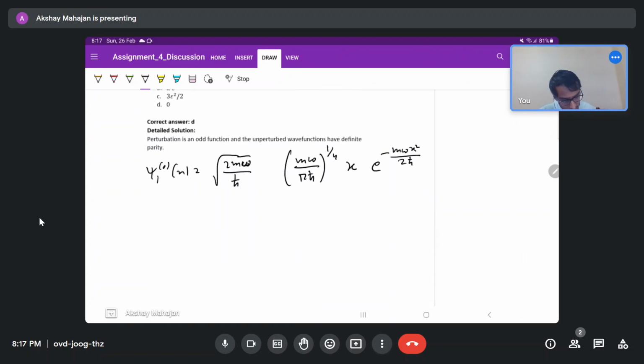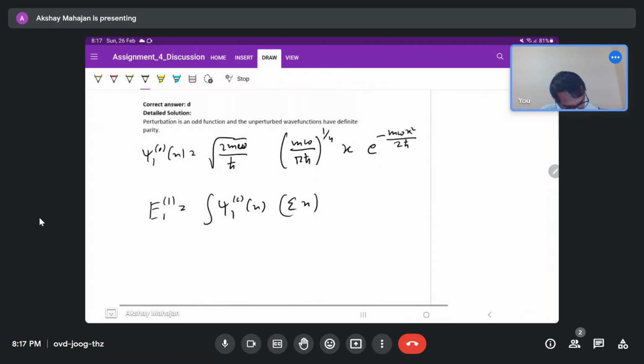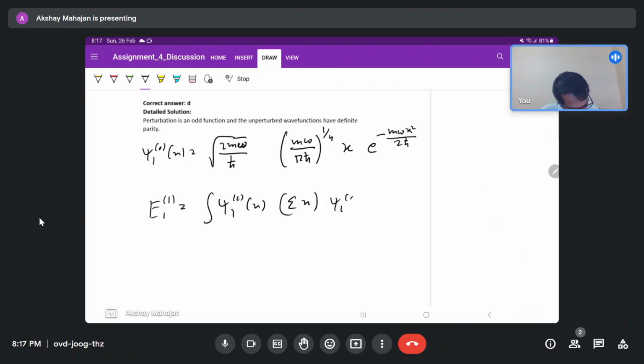Now here, your first order energy correction, if you do it, will be the integral of psi 1 of 0 of x, and these are real functions so I am not including the complex conjugate, times your potential epsilon x, times psi 1 of 0 of x dx. Here you can see by the symmetry argument, the integration will be from minus infinity to infinity.